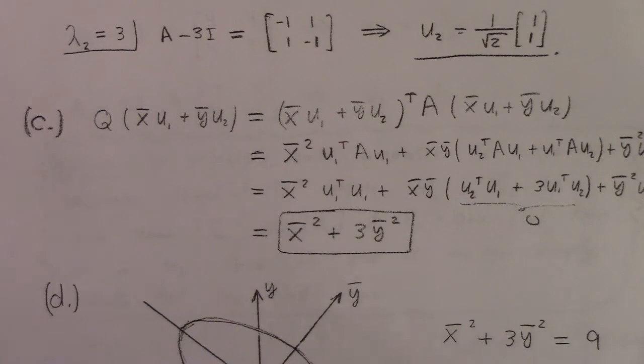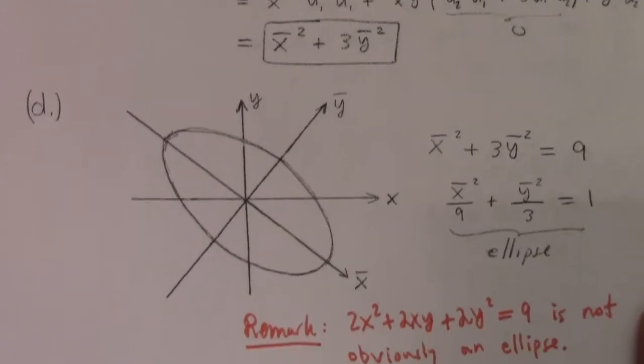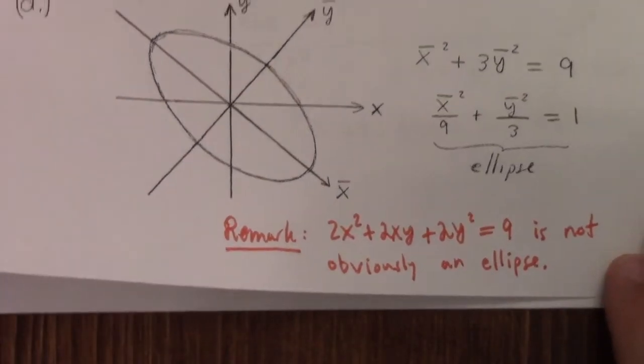I mean, of course, if you plug it into software and graph it, then you'll see that. But if you look at the formula in eigencoordinates, you can immediately recognize that it's an ellipse, right? It's pretty neat. Sorry, I was out of frame. There's the ellipse.